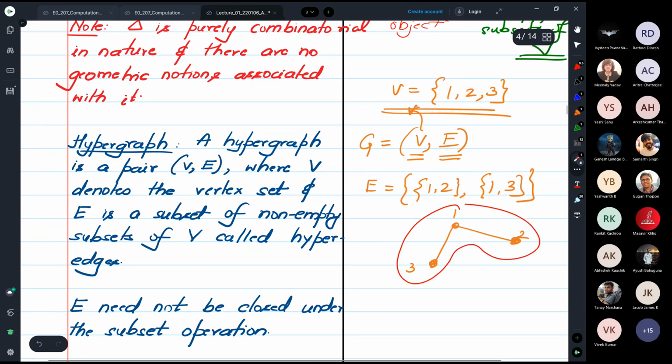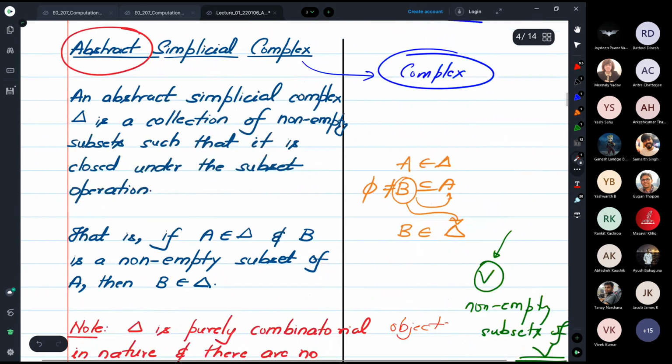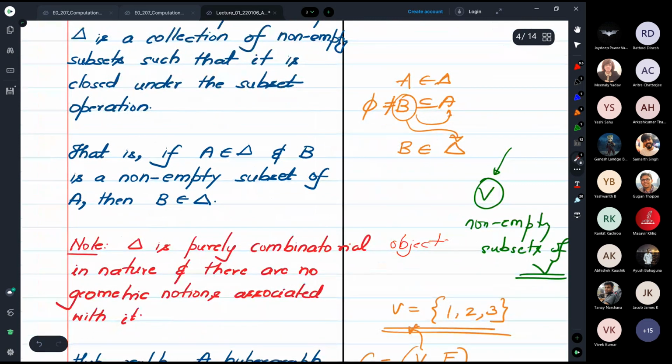At this point, this is just a different way of denoting a graph, and often this notation is used just for convenience, so that it is clear what a vertex set and what an edge set is. Whereas in a simplicial complex, we may not explicitly identify what the vertex set is. Instead, we may just give you the collection of all possible subsets that together define this simplicial complex.